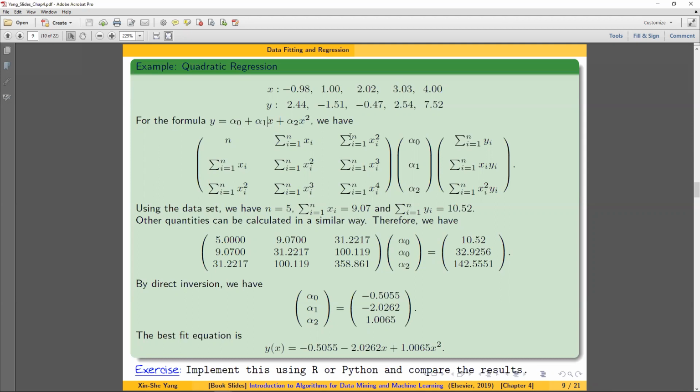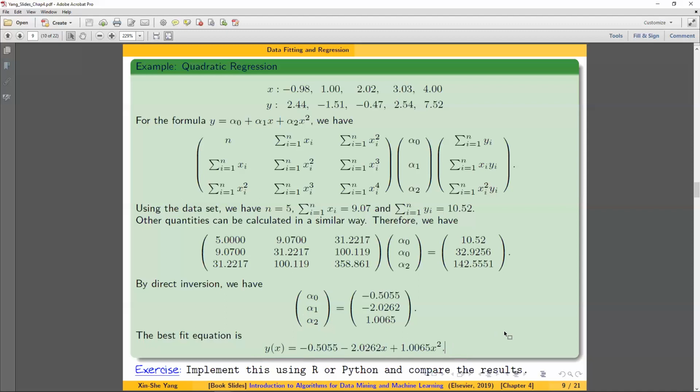So now, if you follow the equation, you would be able to calculate all these quantities, and then you would be able to come back with alpha 0, alpha 1, and alpha 2, and then this is your best fit equation.